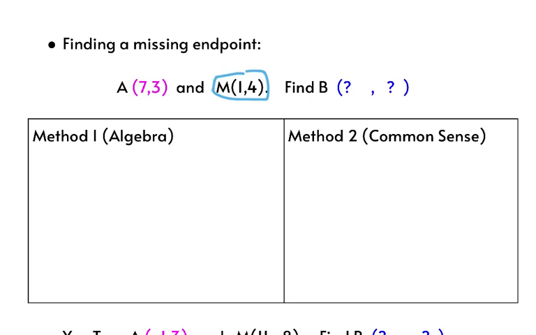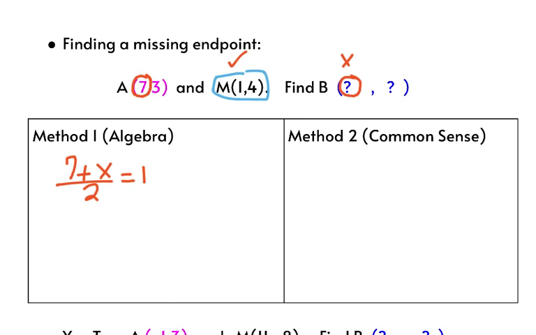It says to get the midpoint, I take my endpoints, and one is missing, so I'm going to call it 7 plus, I don't know, I'm missing that x. When I divide by 2, I need to get a 1, because the average of the x's is a 1.